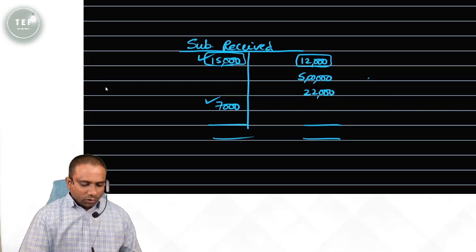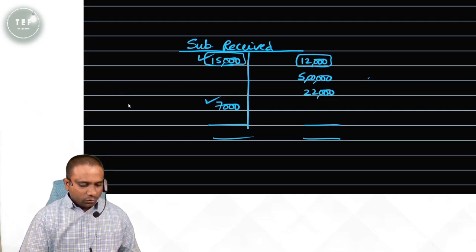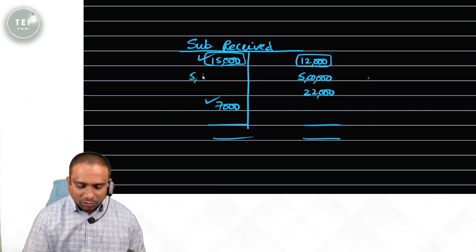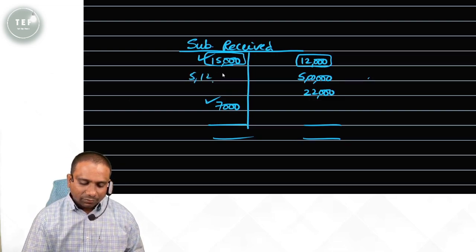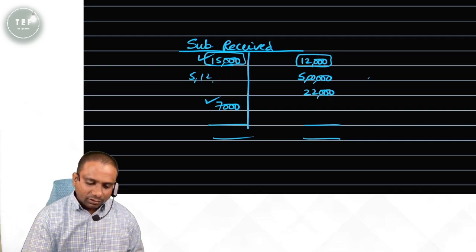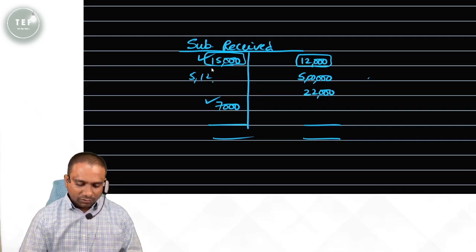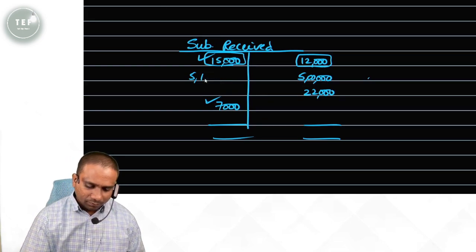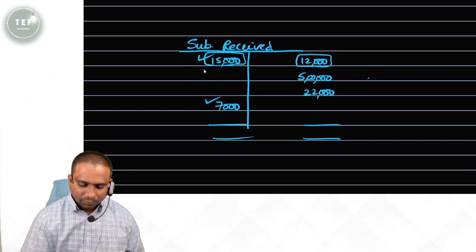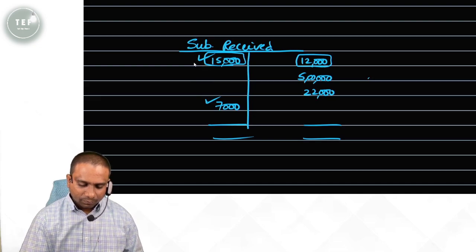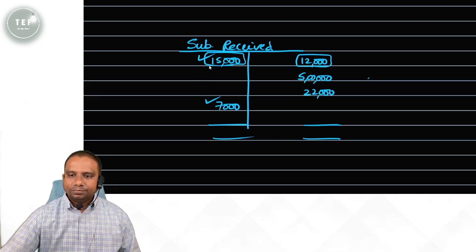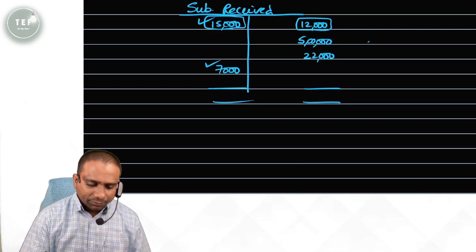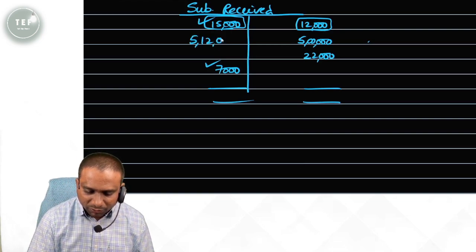This is very simple, students. 12,000 plus 5 lakhs plus 22,000 minus 15,000 minus 7,000. So 5 lakh 12,000 rupees relating to the current year. You get, students, 5 lakhs 12,000 rupees.